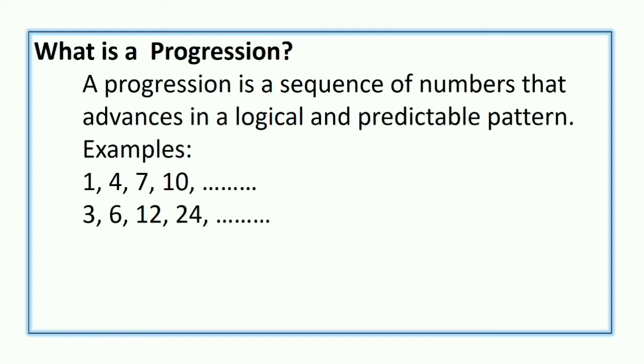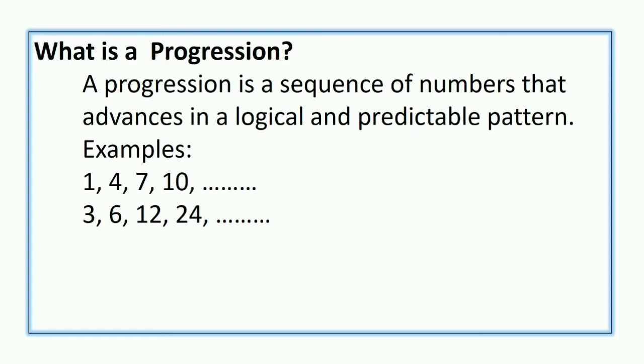Now in the second example, the quotient between any two consecutive numbers will be same. That means 6 divided by 3 is 2, 12 divided by 6 is 2, 24 divided by 12 is 2, etc. So we can say that these numbers have a common factor. So with the help of that common factor, we are able to predict the next term.